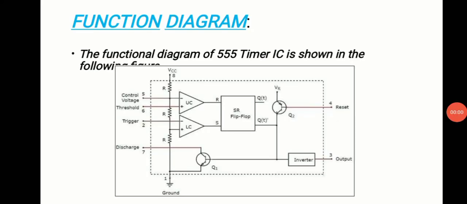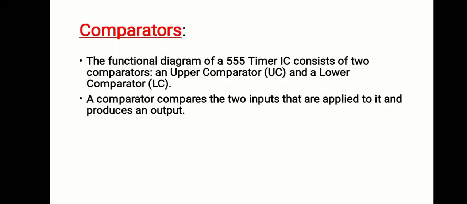Functional diagram. The functional diagram of the 555 timer IC is shown below. Pin 1 is ground, pin 2 is trigger, pin 3 is output, pin 4 is reset, pin 5 is control voltage, pin 6 is threshold, pin 7 is discharge, pin 8 is VCC, and one flip-flop is connected to comparators.